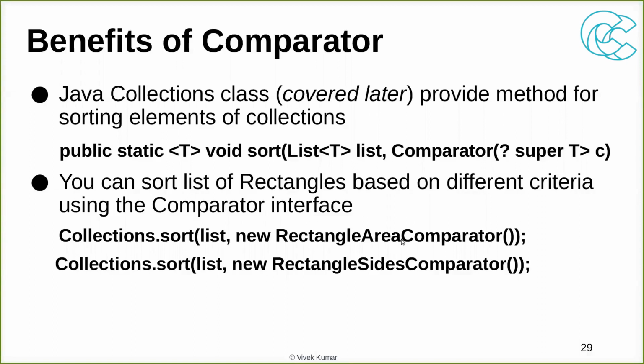Because if you're saying new RectangleAreaComparator, this creates an object of the RectangleAreaComparator which has the compare method defined inside it. But if I say new Rectangle, then I'm confused. In terms of syntax, I don't see any issue there.